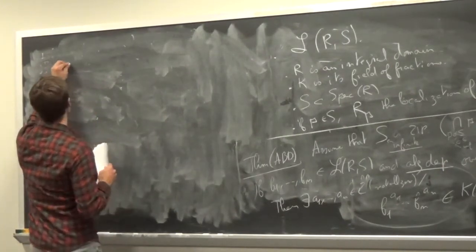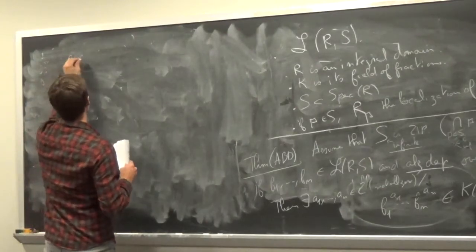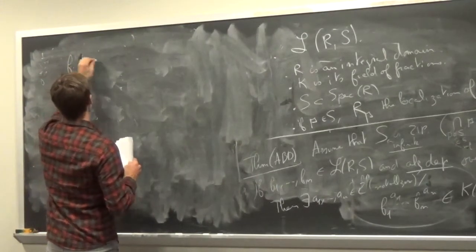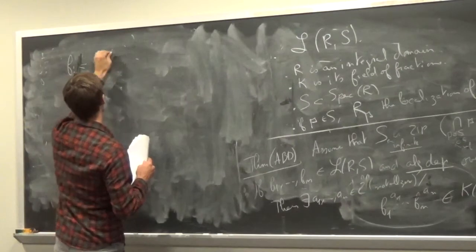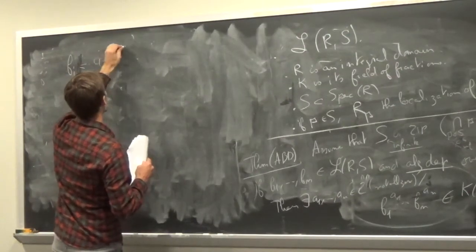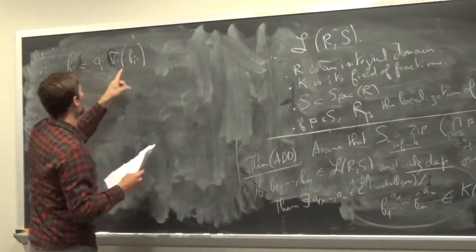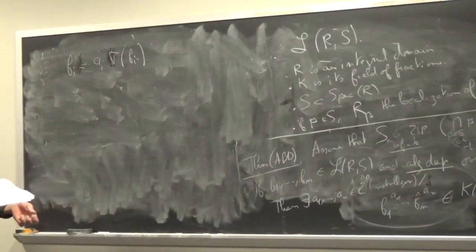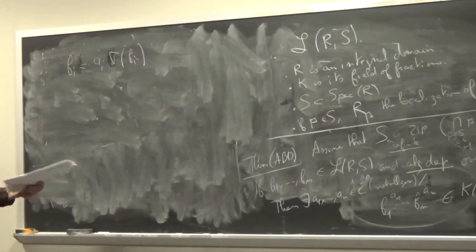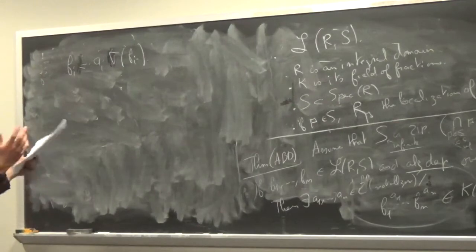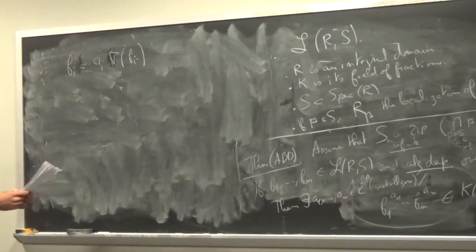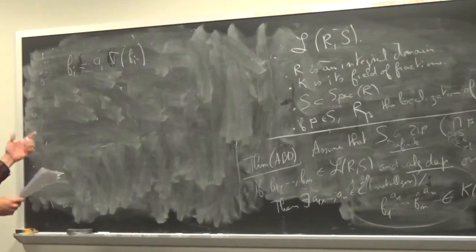if you have several functions f_i that satisfy an equation like a_i sigma of f_i, and sigma is an injective endomorphism over any ring, I mean maybe an integral ring.